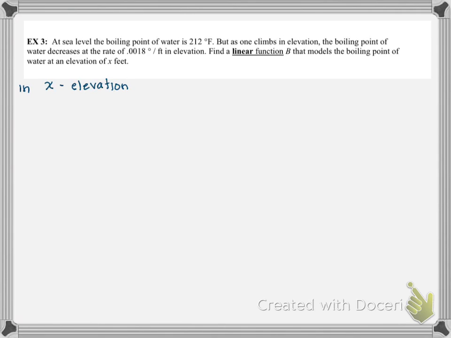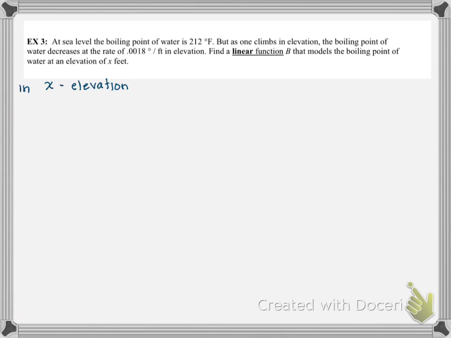And the reason I know that x is my input is because when they say find a linear function that models, the thing after the words that models is my output. So if my function is modeling the boiling point of water, then the boiling point of water is my output. And then it says at an elevation, so corresponding to an elevation of x feet.